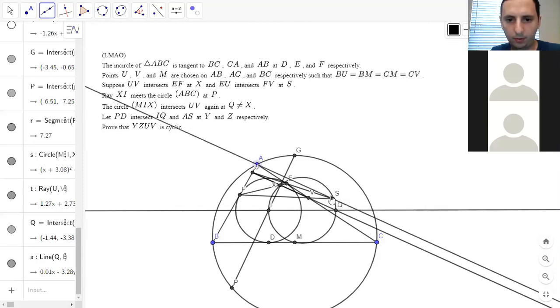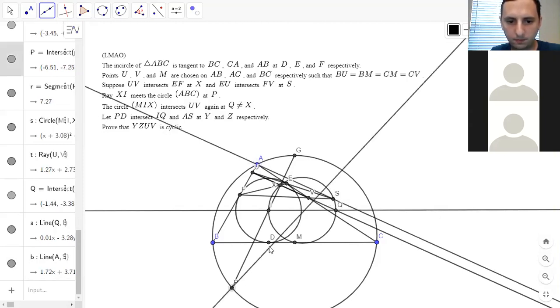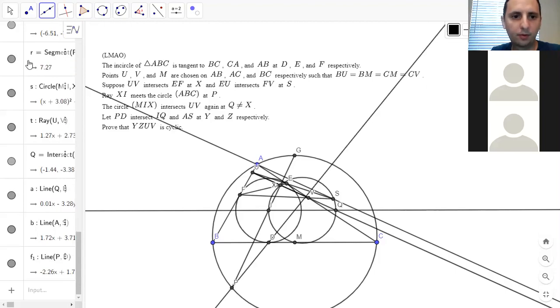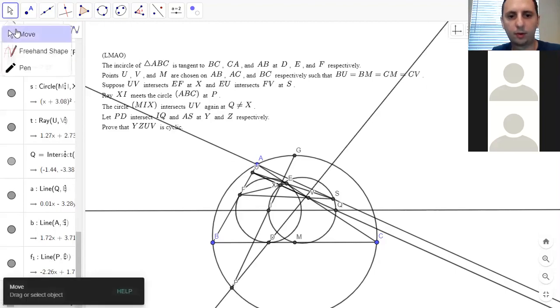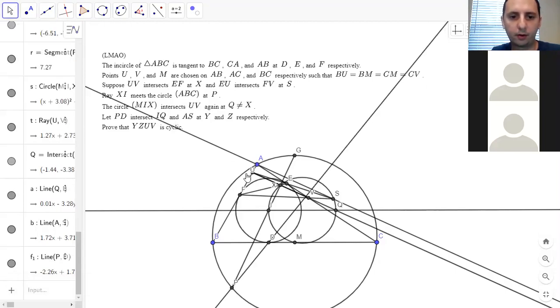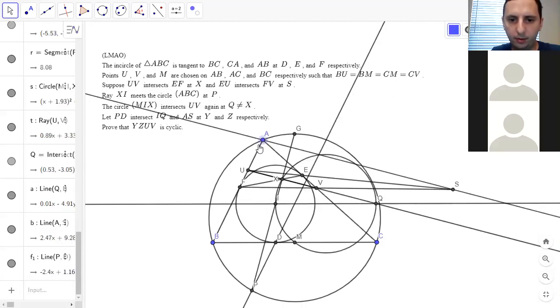Wow, this problem's very long. Sometimes long problems are really not that hard and they're just made to look complicated, but yeah, we'll see.